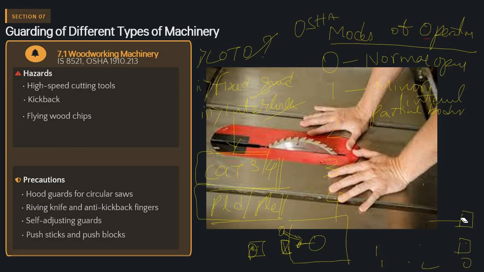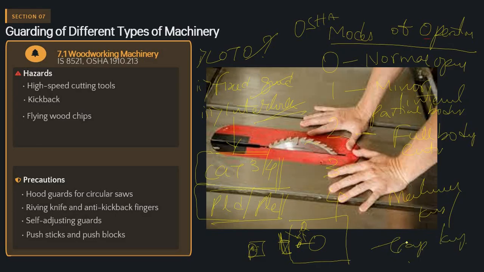When it comes to mode 2, that is full body entry, for minor intervention only. Full body means the person will enter inside the machine. So he will open the interlock, and there is a second element, the mechanical key, or trap key as we call it.